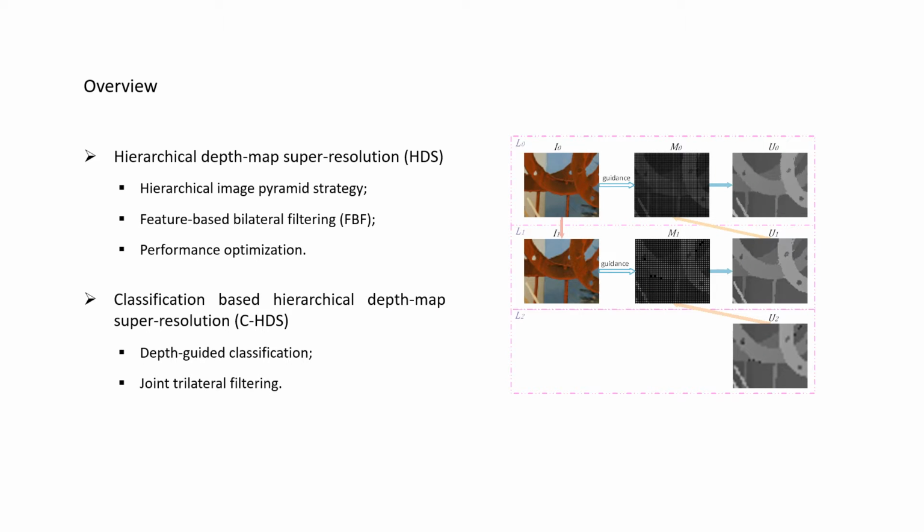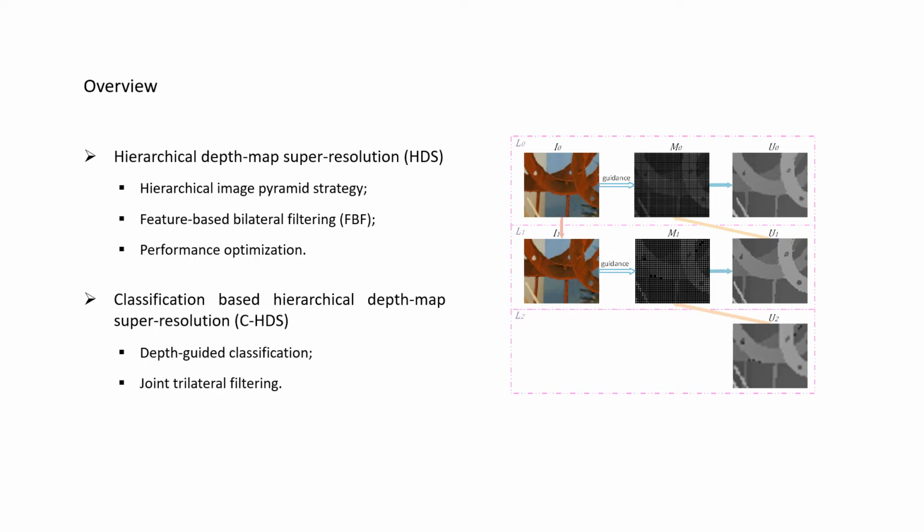Here is the overview of our two methods. In our basic HDS model, instead of one-step upsampling, a hierarchical image pyramid strategy is adopted to reduce the interpolating errors. To improve the upsampled depth quality, we further introduce a feature-based bilateral filtering into the model.